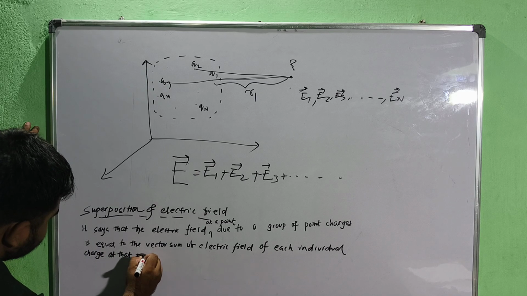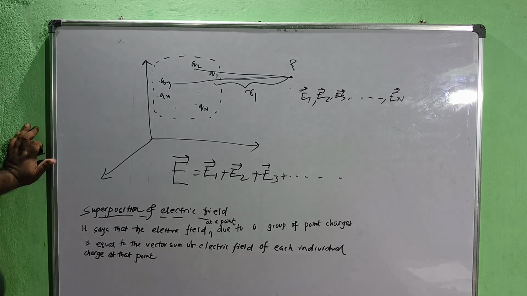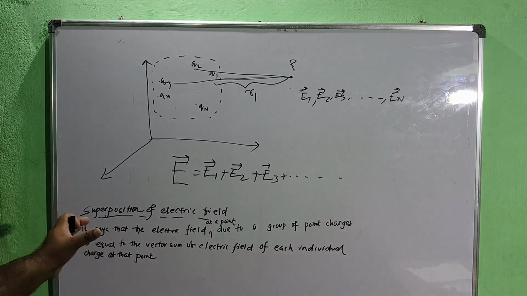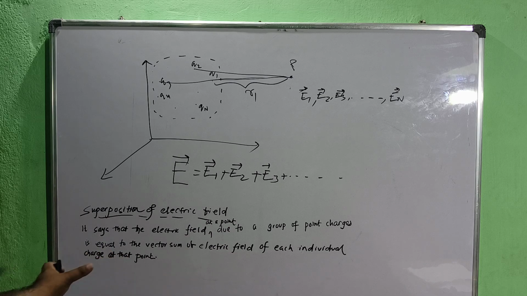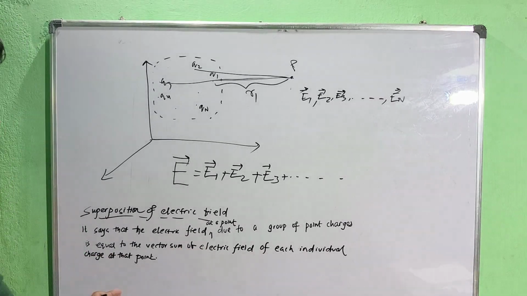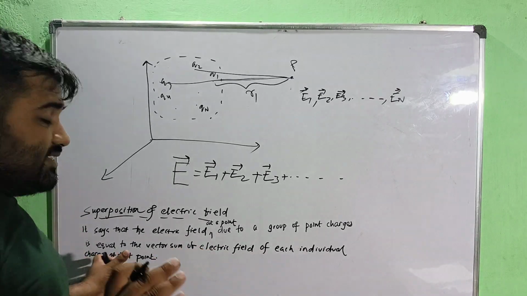Okay, this is what the principle states. What does it say? Says that the electric field at that point due to a group of point charges is equal to the vector sum of the electric field of each individual charges at that point.